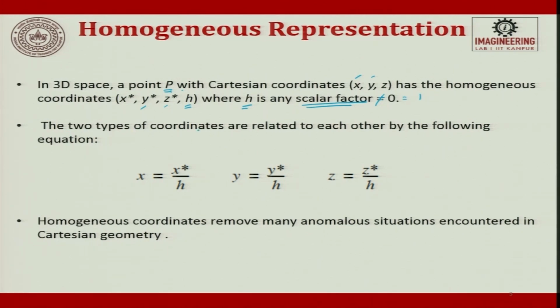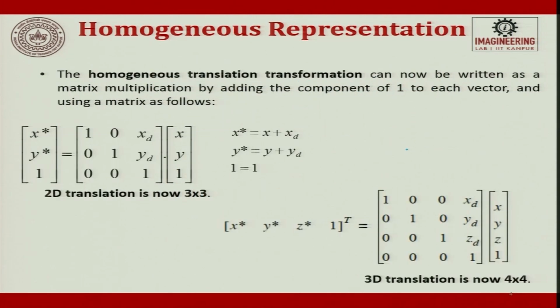The two types of coordinates are related by the equation x equal to x star by h, y equal to y star by h, z equal to z star by h. h is nothing but a scalar factor. Homogeneous coordinates remove many anomalous situations encountered in Cartesian geometry. That is why we write it in a homogeneous representation.